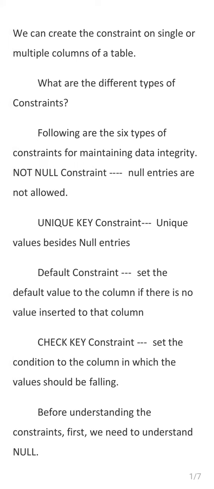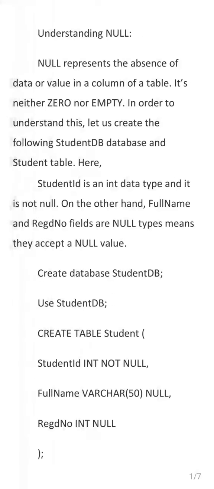Before understanding the constraint, first we need to understand null. Null represents the absence of data or value in the column of the table. It is neither zero nor empty. In order to understand this, let's create one student database table.